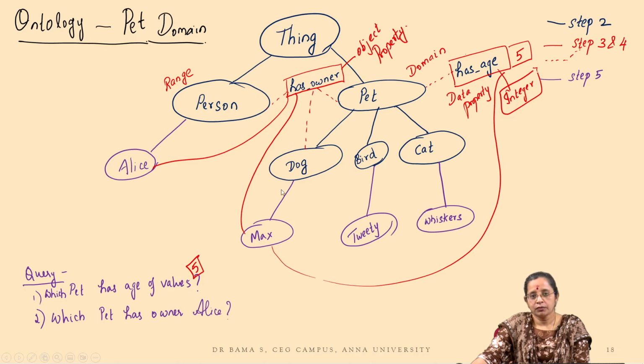Although we have given Max and the question asked is pet, it would map pet with 5 and it will give Max as the answer according to this ontology. A similar case with this query, which pet has owner Alice. So, has owner Alice has to map with the pet as well as the person and it would give Max as the answer. So, this is the ontology that we have developed visually.